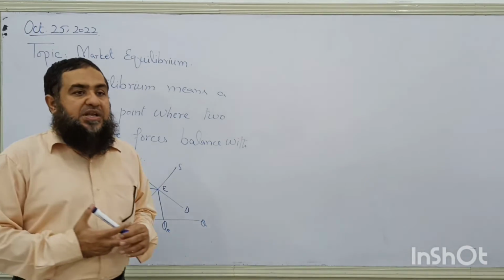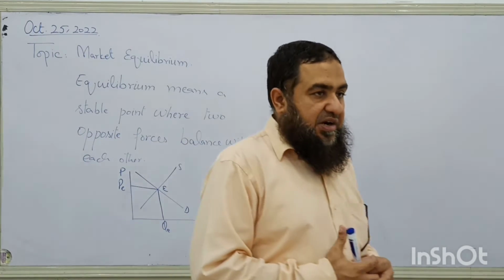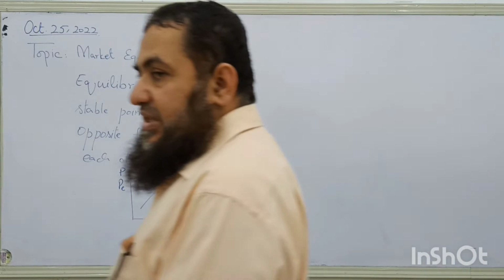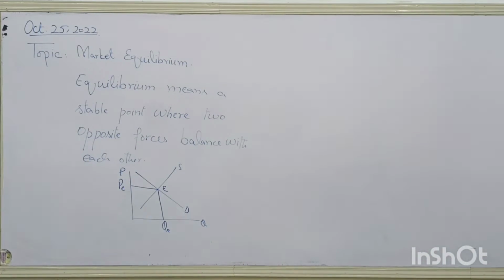Clear? So when market forces are clear, we say the market is in a stable condition and it is in equilibrium. The two opposite market forces are balanced and cleared with each other. Clear?